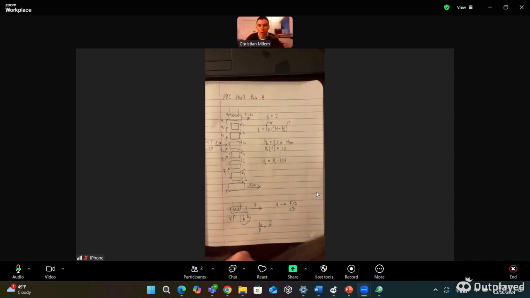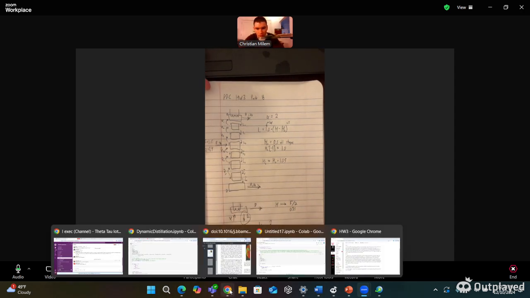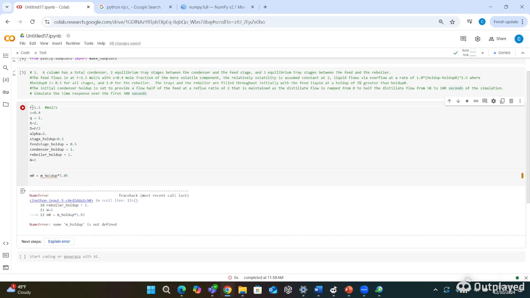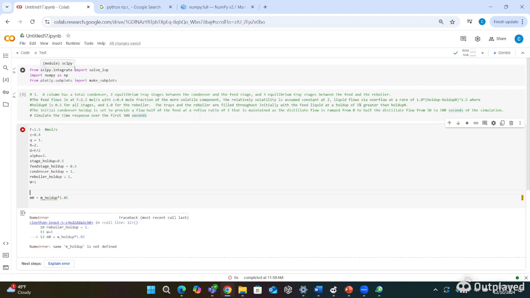And while I'm writing out the Python code, I will be looking back down at this. Let me see if I have what we're going to work with pulled up. Yeah, so I have that. I already wrote out the problem statement, our imports, and then what our parameters are. So I haven't actually done any equations or anything regarding matrices. It's basically what we've already talked about. So we'll come back to this.